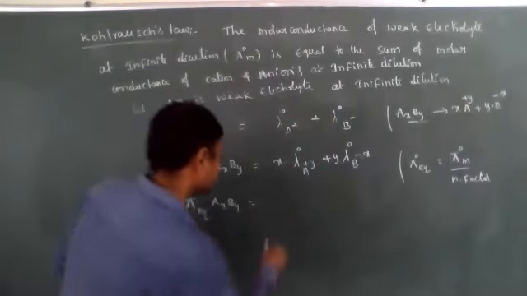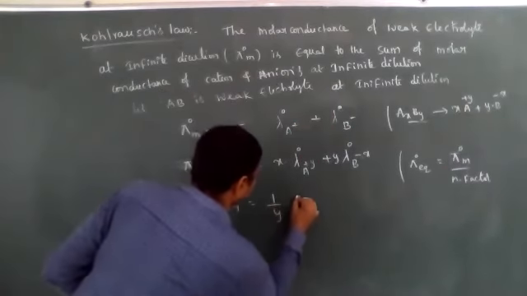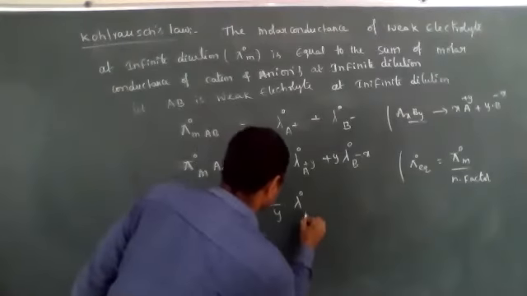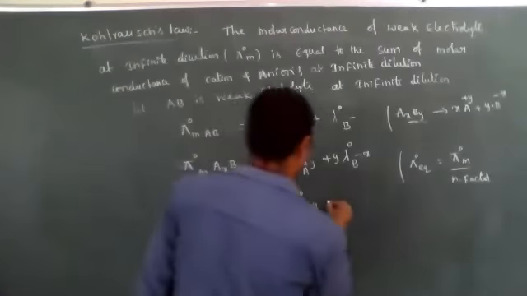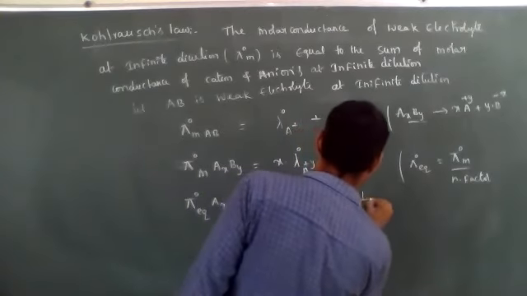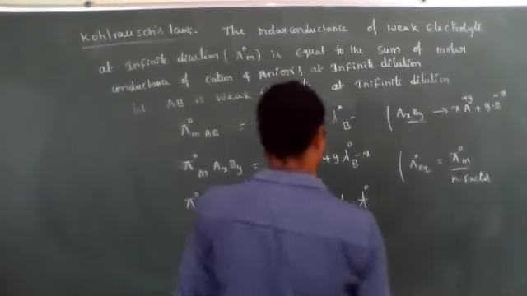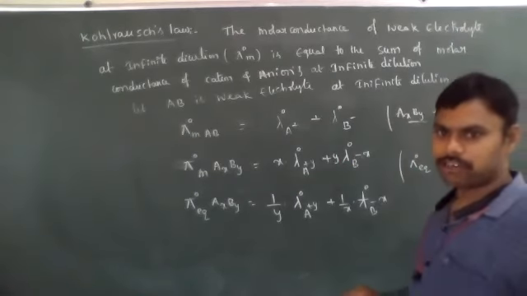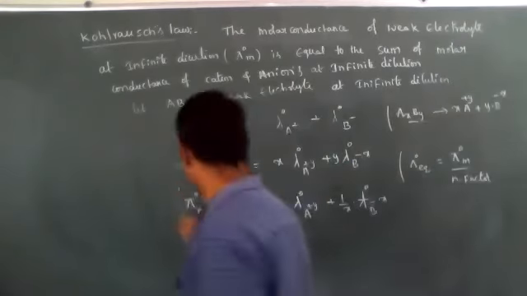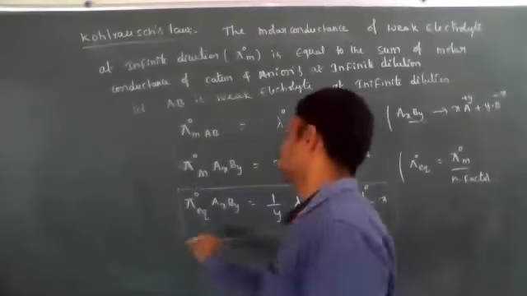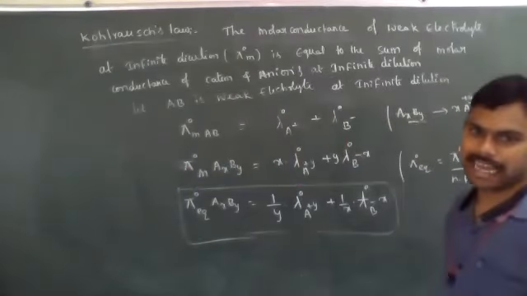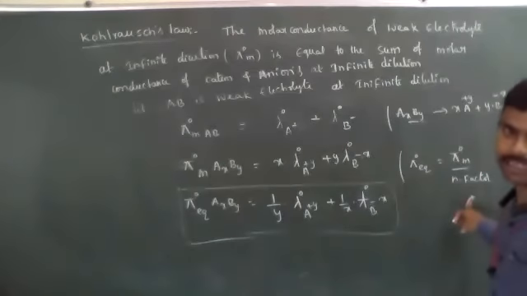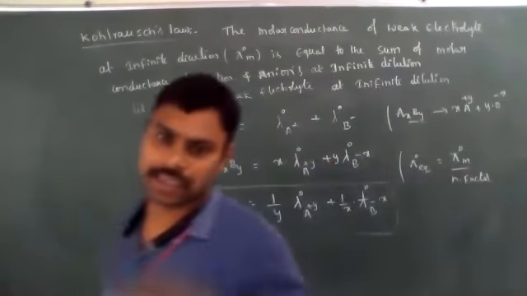Then automatically x will cancel: 1 by y into the equivalent conductance of cation A, plus 1 by x into the equivalent conductance of B negative ions at infinite dilution. So this is the relation. We can find molar conductance as well as equivalent conductance, because equivalent conductance is equal to molar conductance by n factor. Okay, so this is about Kohlrausch law.